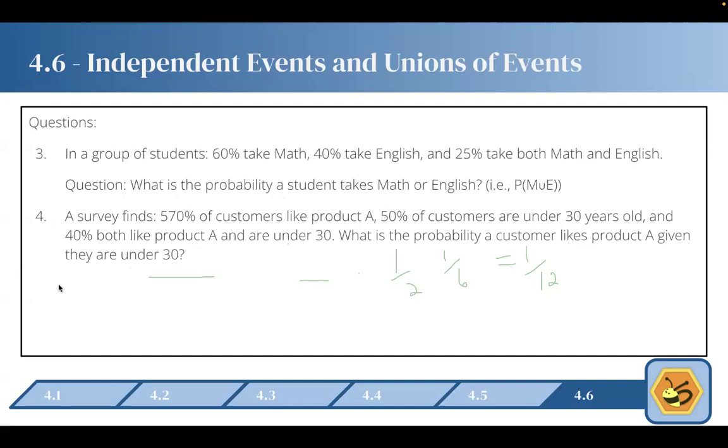Let's take a look at number 3 and 4 here. In a group of students, 60% take math, 40% take English, and 25% take both math and English. What's the probability that a student takes either math or English? Again, this is pretty similar to the one we did before. Give it a shot and let me know what you think.